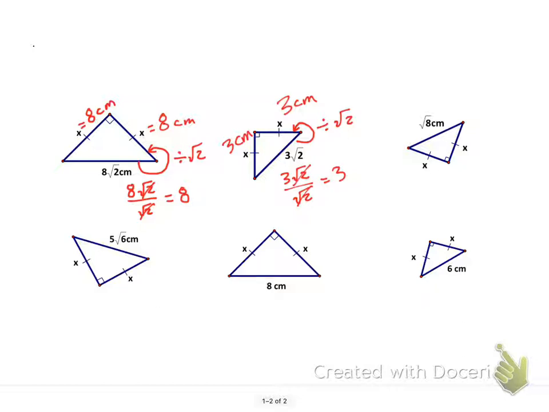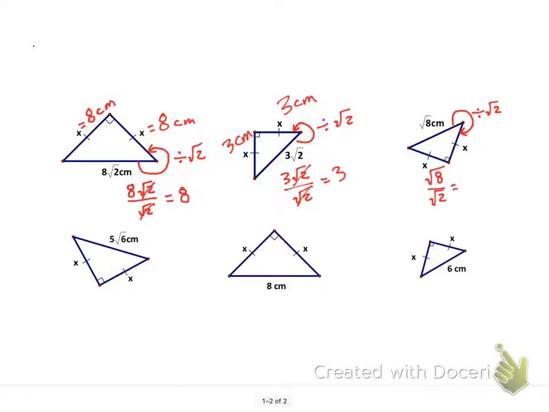Okay. This one right here, the next one, we have a hypotenuse which is square root of 8. So, what's my operation? I'll just keep asking you guys, but it's a hypotenuse every time, so we're always dividing to get the sides. So, this one isn't too bad. Square root of 8 divided by square root of 2.